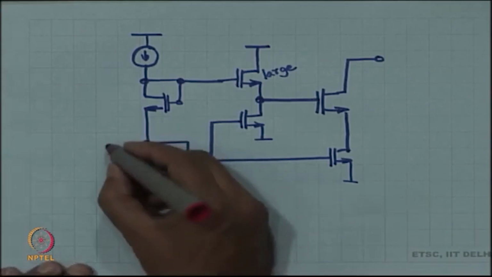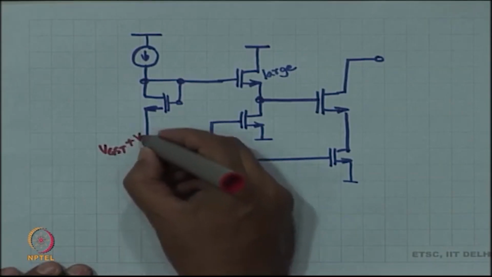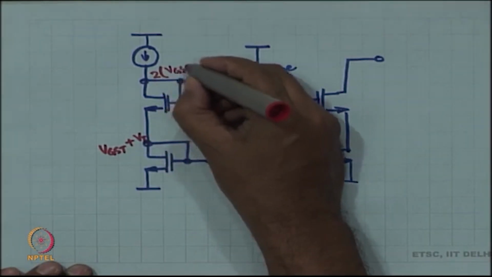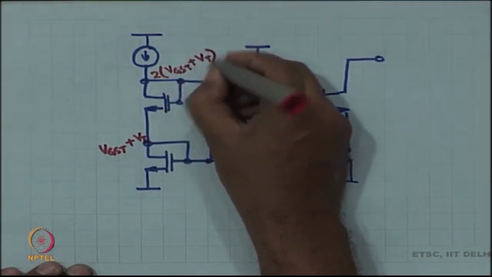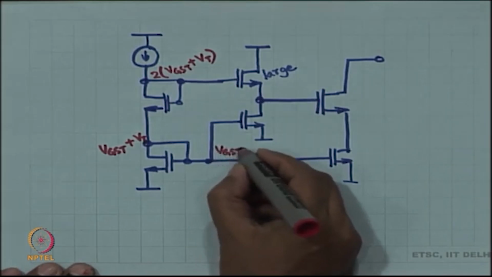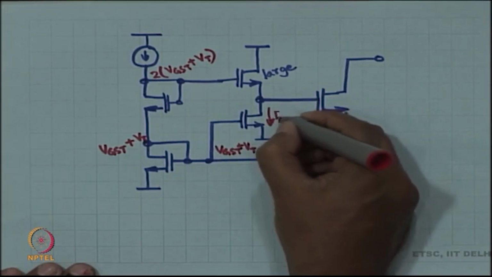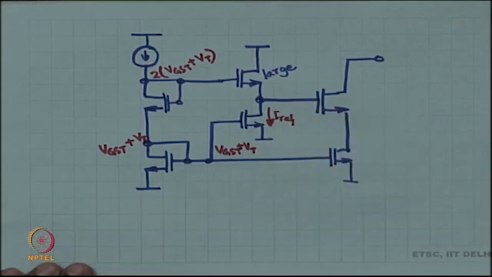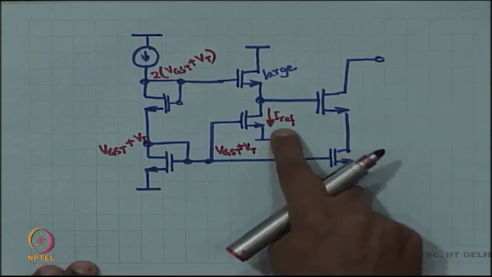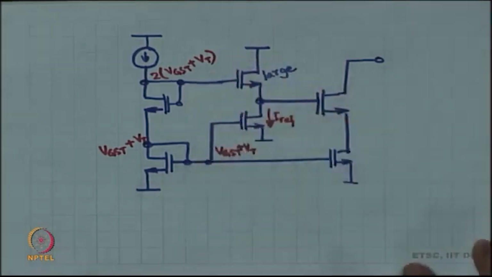So, the voltage over here is Vgst plus Vt. The voltage over here is 2 times Vgst plus Vt. The voltage over here is Vgst plus Vt. This current is also Iref, more or less. Okay. It does not matter if it is a little less, because this device has to be large, that is all.